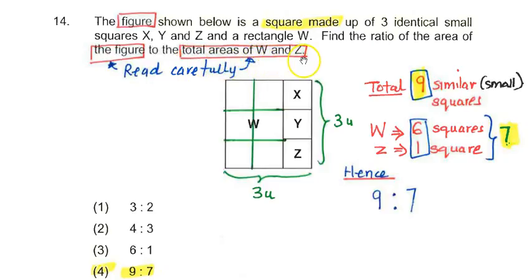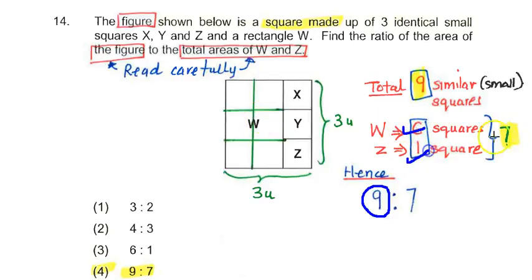Question: find the ratio of the area of the figure to the total areas of W and Z. Okay, now read this carefully. The area of the figure. Figure means this whole thing, which is 9 units. The whole figure is this, ratio of the whole figure to W and Z. W, we have 6.